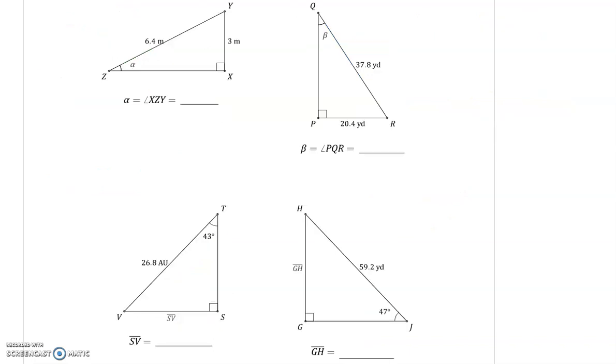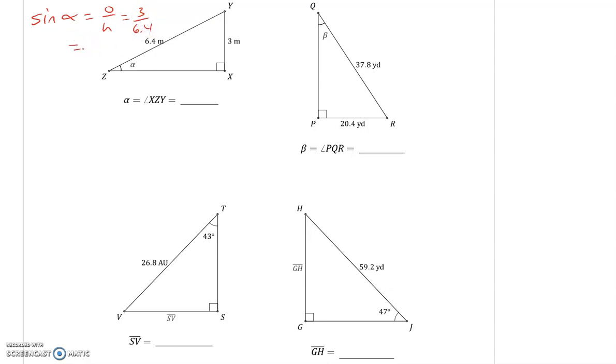All right, same type of thing for these 4. In the first one, we're looking for angle alpha again. Again, this is all sine theta, I know that. So sine alpha is going to be opposite over hypotenuse. My opposite is the 3, and my hypotenuse is 6.4.